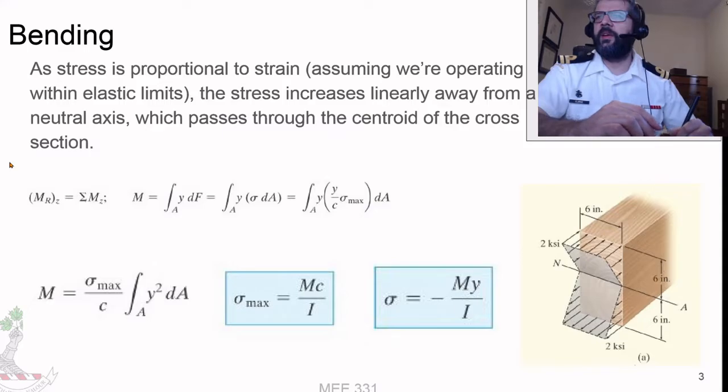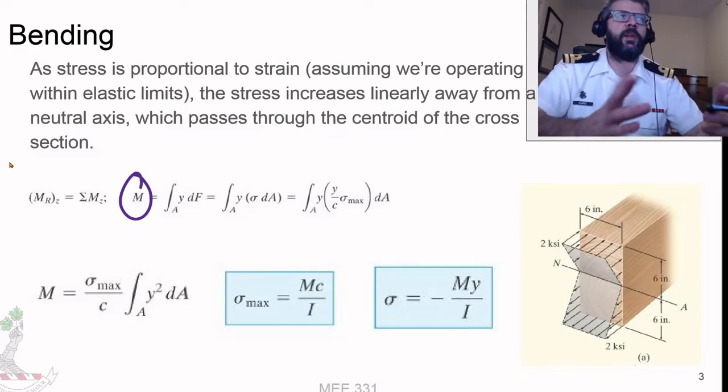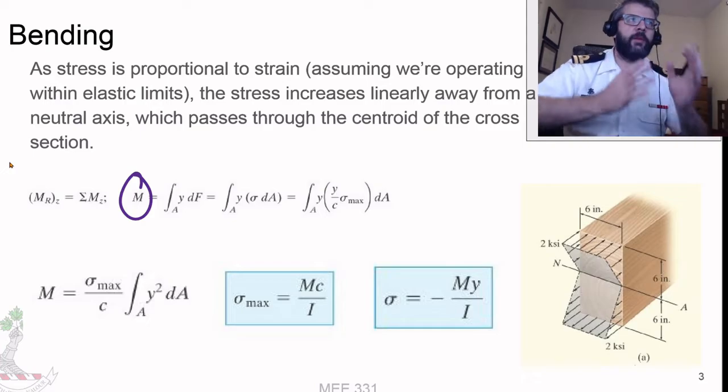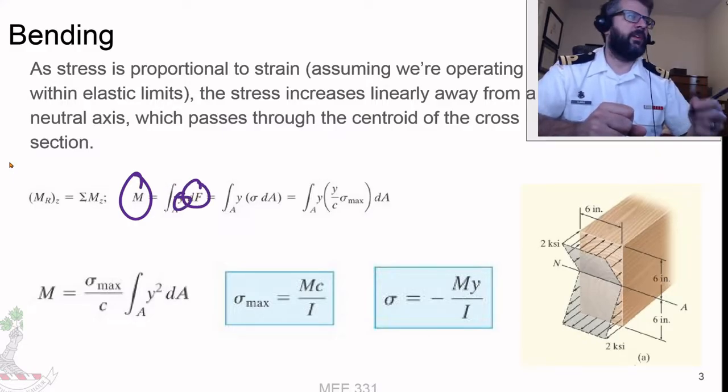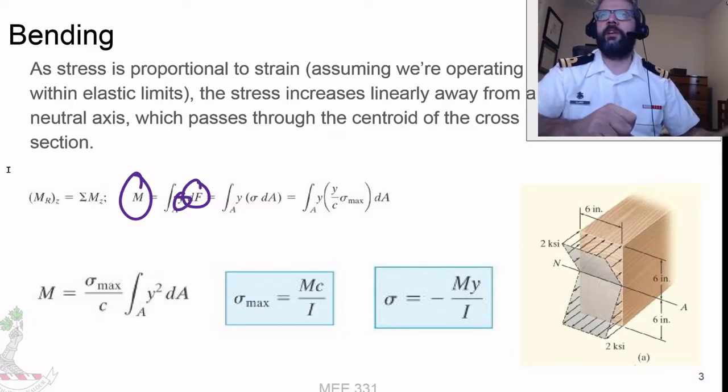So we've got that bending moment. We know that the total bending moment that we're applying needs to be equal to the integral of all these little bits of forces times their distance away from that neutral axis.